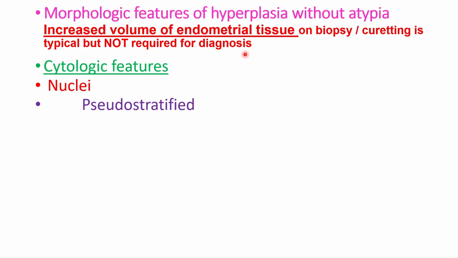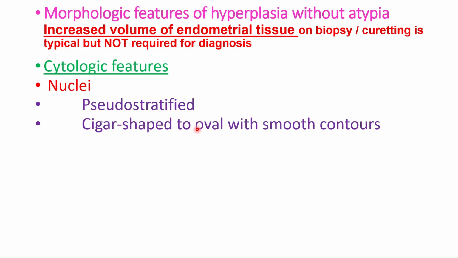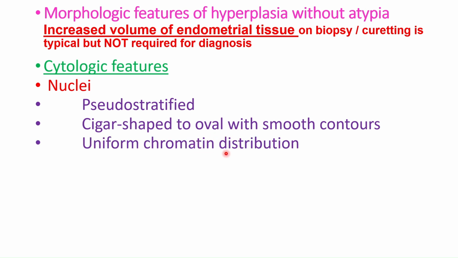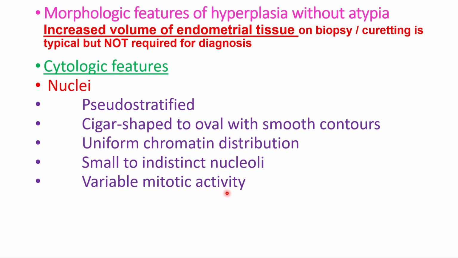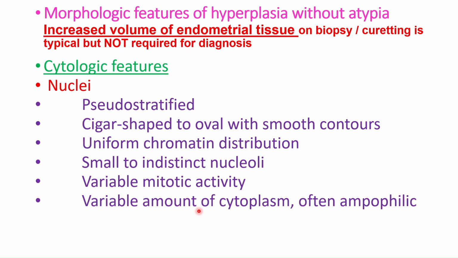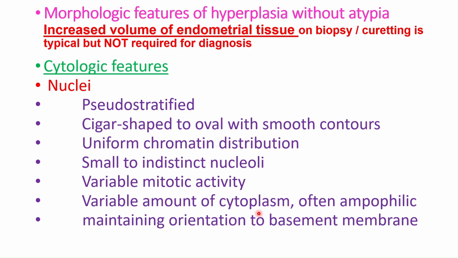If we see nuclei, these are pseudostratified, cigar-shaped to oval with smooth contours, uniform chromatin distribution, small to indistinct nucleoli, variable mitotic activity, and variable amount of cytoplasm, often amphophilic. And most important is polarity.